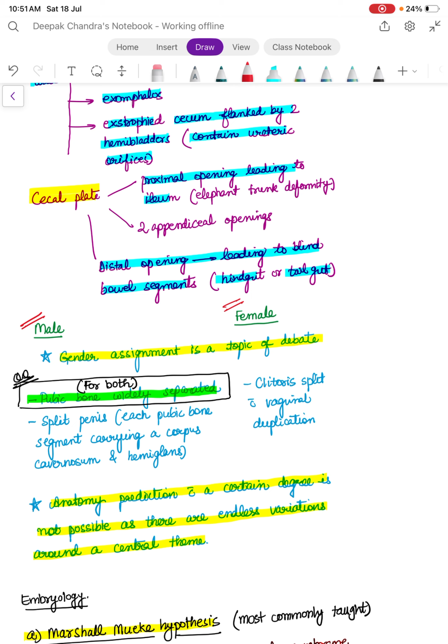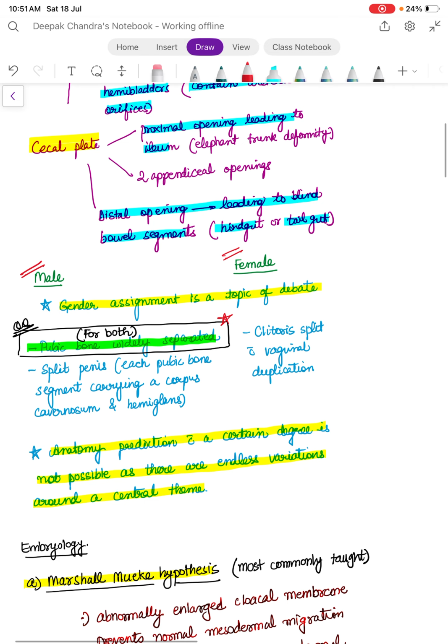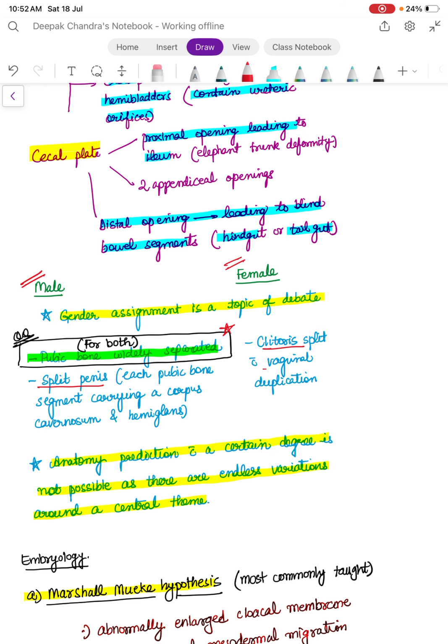In both genders there will be a pubic bone separation, which we call pubic bone diastasis, and in males one can see a split penis, each pubic bone segment carrying a corpus cavernosum and a hemiglans. That's why it is difficult to reconstruct. And in females, the clitoris will be split and a vaginal duplication will be seen.